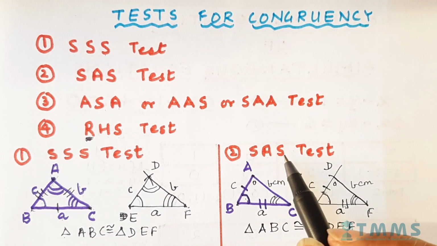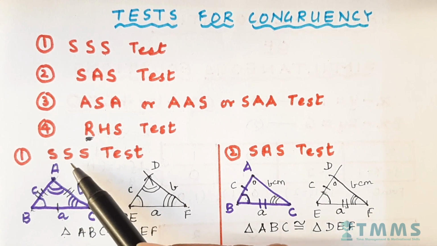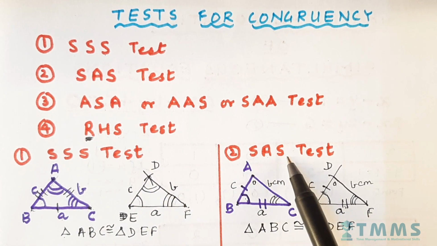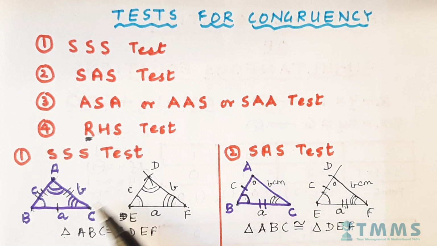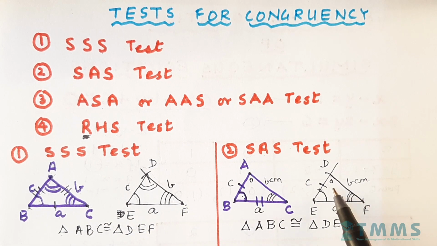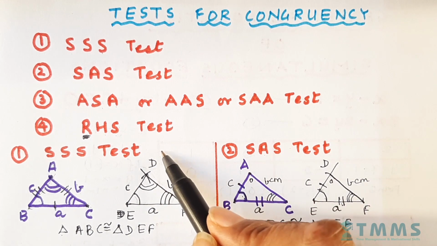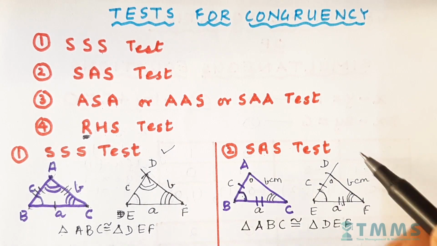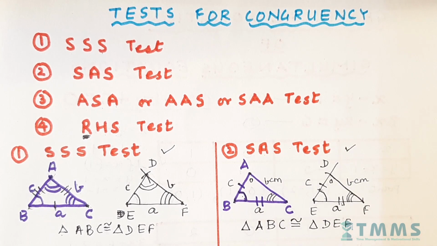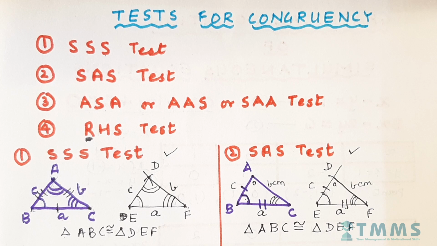So all we have to do is take the three elements that are given, and when we construct, automatically all the other three elements also will be matching. And that is how we convert these into the SSS test and SAS test. All right, now let us come to the next one.